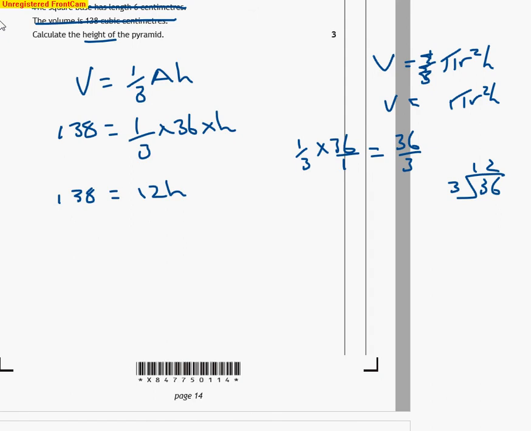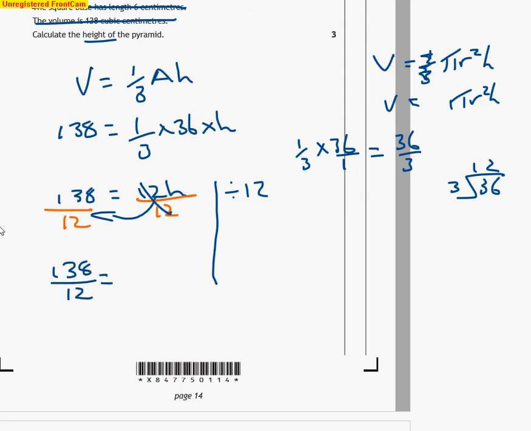Then, working line, I'm doing 12 times h. If I want to move the 12 over here, I'm going to divide by 12. Do the opposite. Like I said before, what's happening here is I'm dividing both sides by 12. Because I divide both sides by 12, it cancels it on this side, and it moves it over there. So 138 divided by 12 is equal to h.